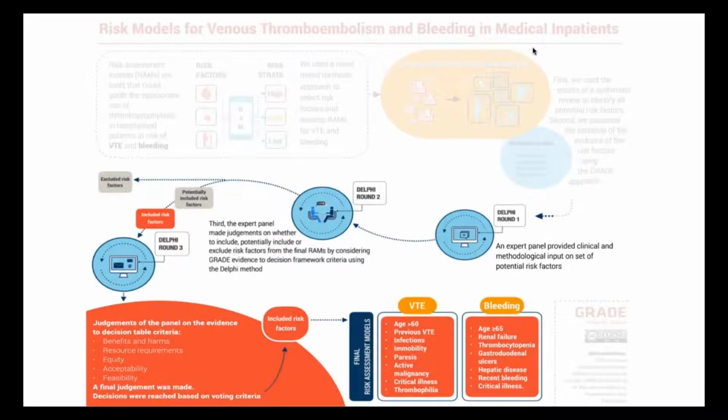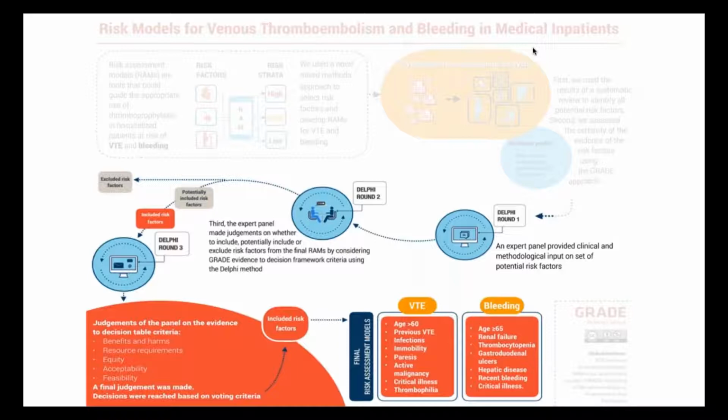After conducting the systematic review and assessing the certainty in the evidence using the GRADE approach, an expert panel that included clinical and methodological experts in the field provided input on the list of candidate prognostic factors for both VTE and bleeding as part of a Delphi process. The second and third meeting with the expert panel included presenting the evidence for which they made judgments on whether to include, potentially include, or exclude each of the prognostic factors from the final risk assessment models.